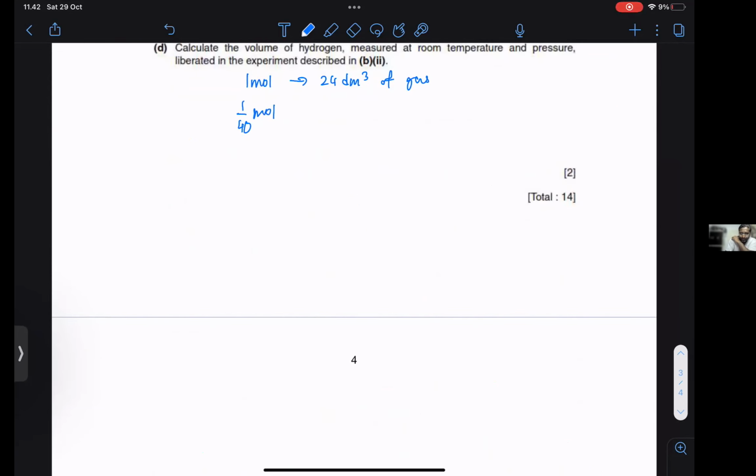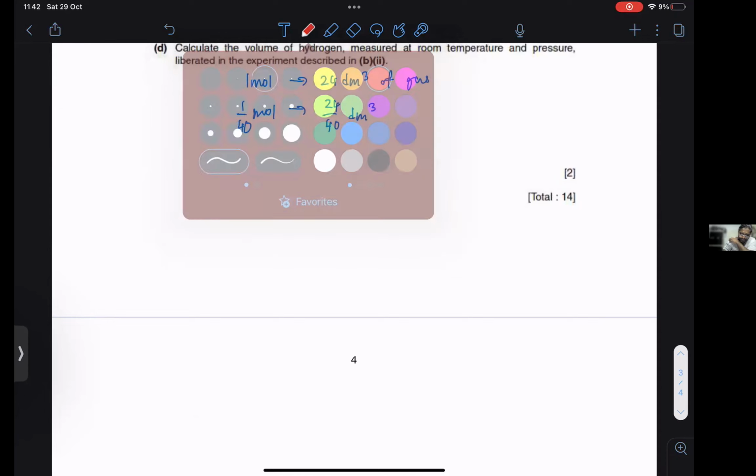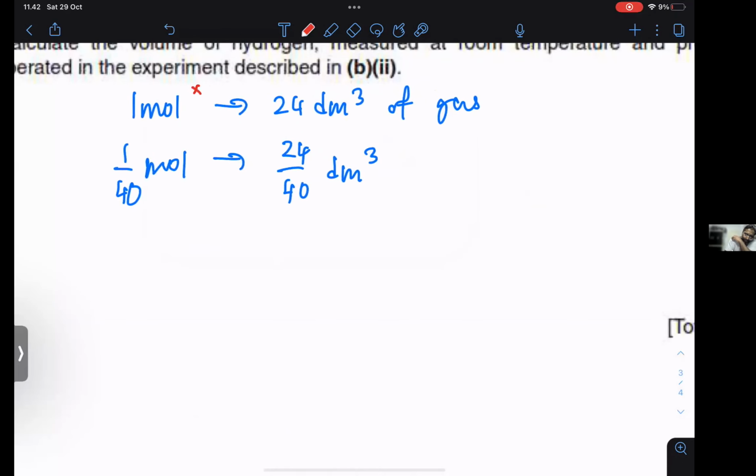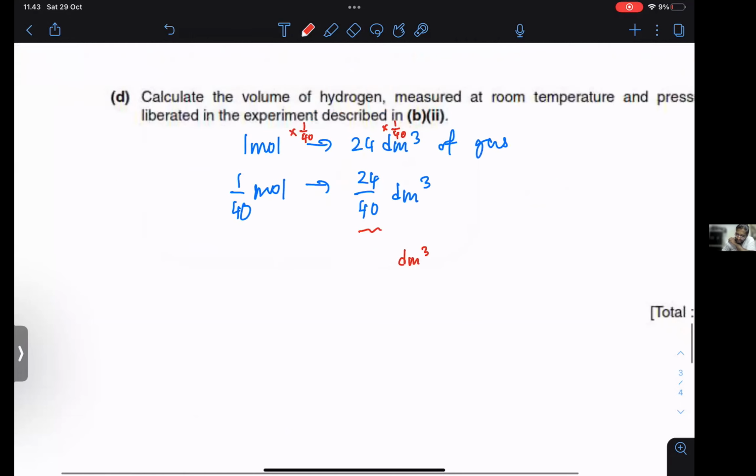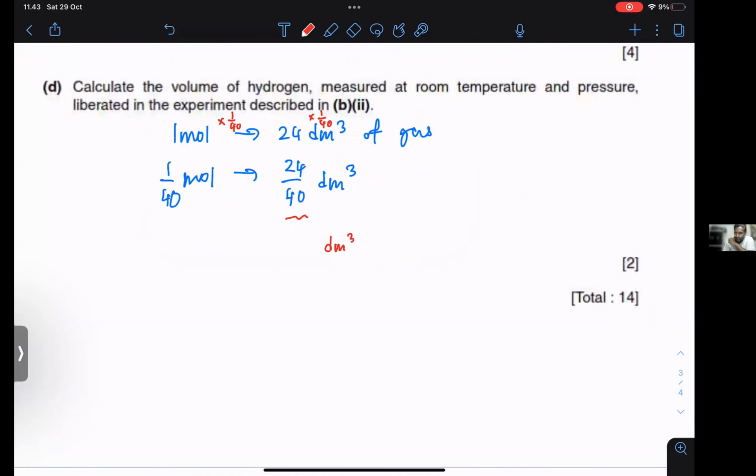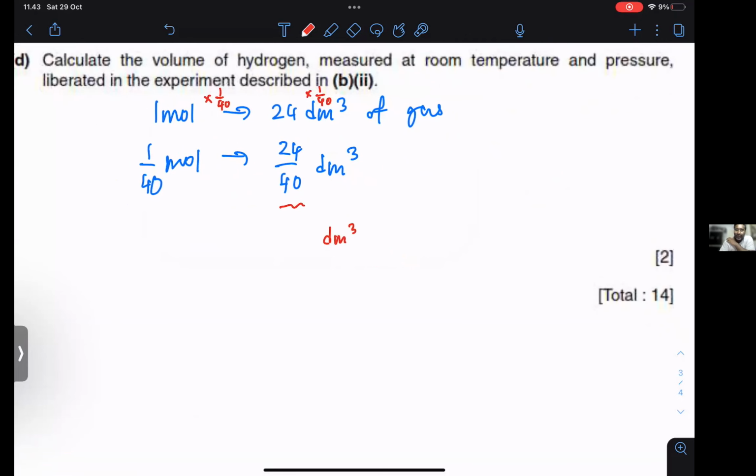So if it is 1 over 40, it means it's 24 divided by 40. 1 times 40 gives you 1 over 40, so this one is also times 1 over 40. You will get 24 divided by 40, and the answer in dm cube. You can leave your answer in dm cube, or change it into meter cube, up to you.